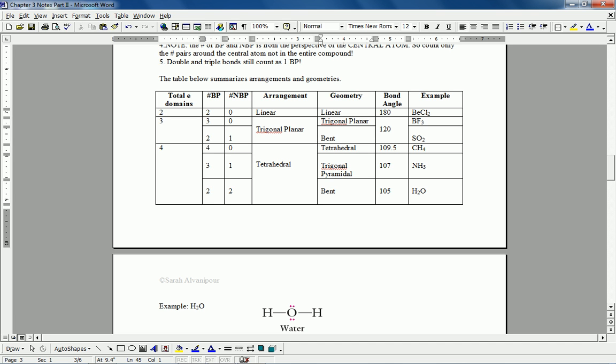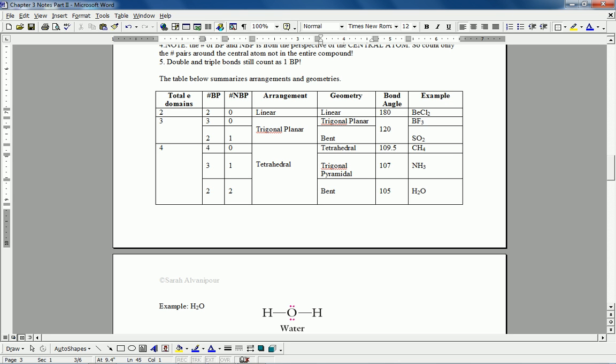And again, we can go all the way up to 6 total domains. This table, of course, for the purposes of this tutorial, will go up to 4. Depending on your course, you may be subject to the full table or just this abbreviated table, but this should give you a better understanding of how we can determine the shape of a particular compound based on its Lewis structure.